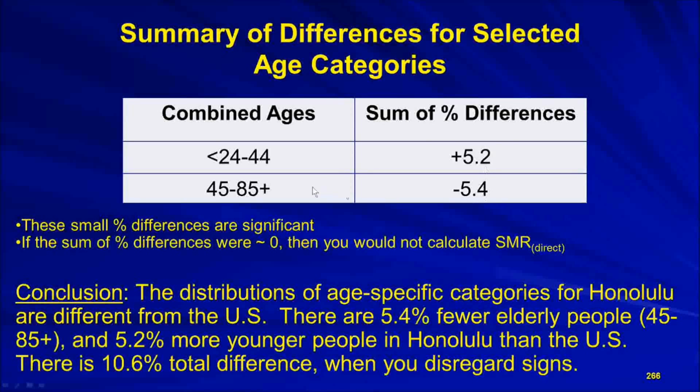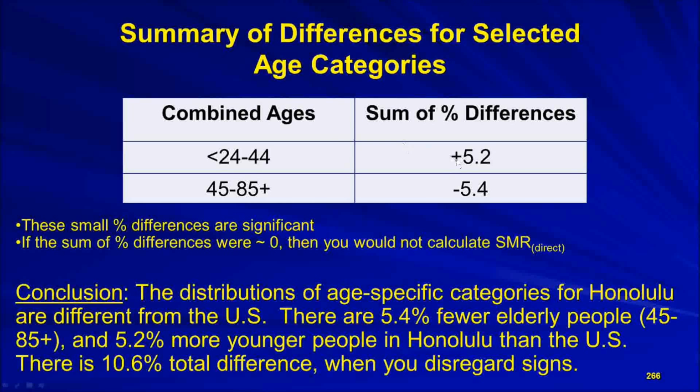Honolulu is obviously a much younger group of people than that represented by the U.S. population. Now let me see whether I can say this to you again, and I'm going to read to you down here, because we're going to disregard the sign here.